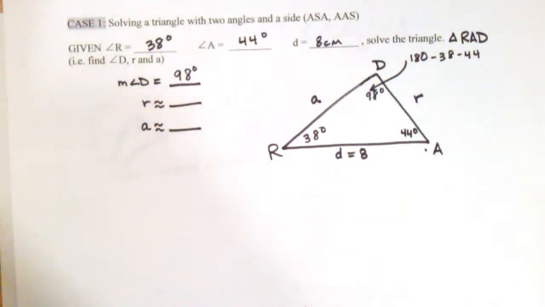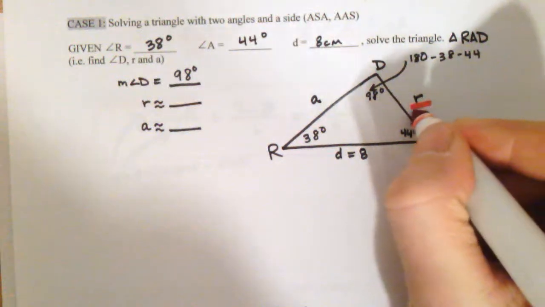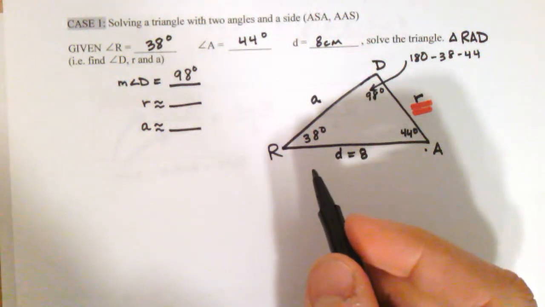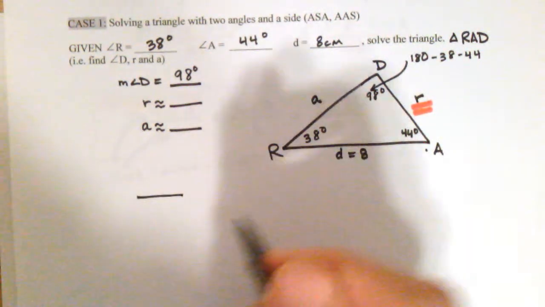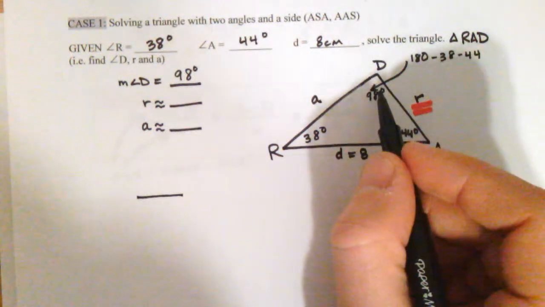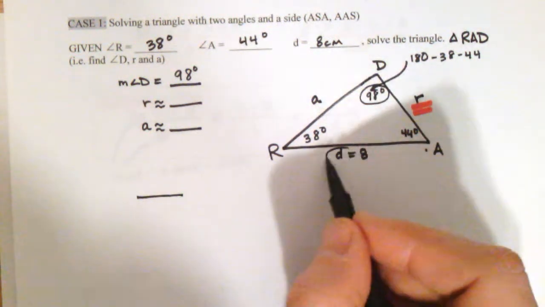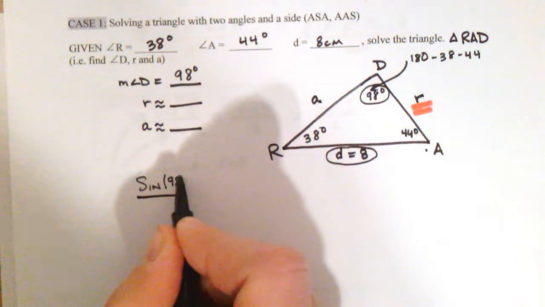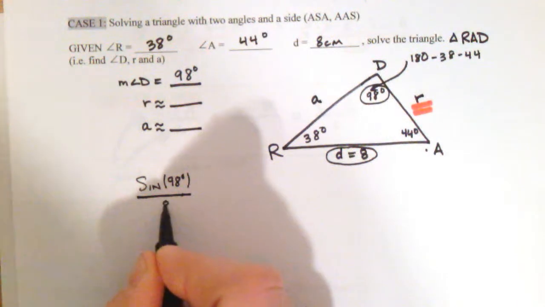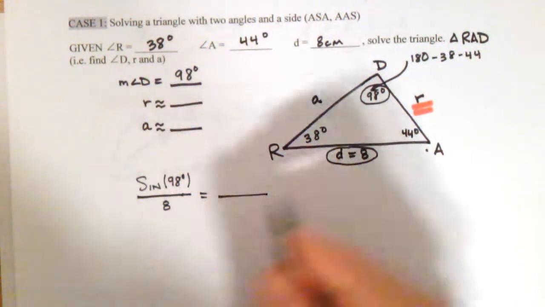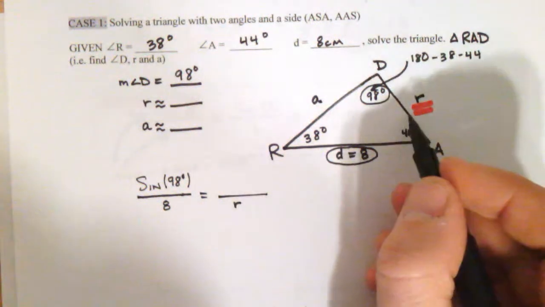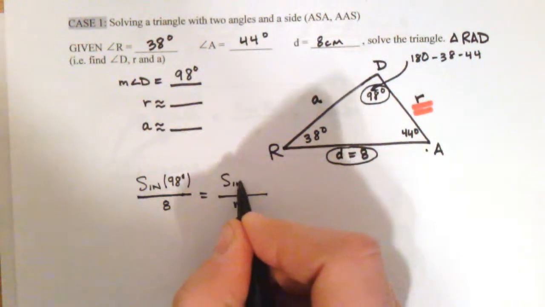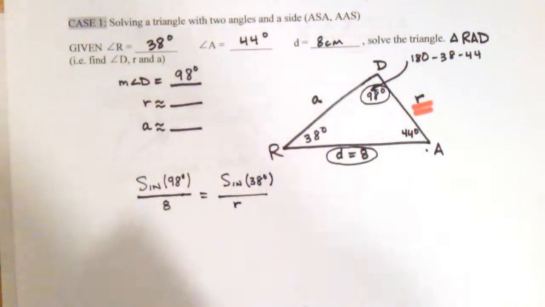Alright, now let's suppose that the next thing that we want to find is side R. Here's where the law of sines is going to become helpful to us. In the law of sines, you start by using your side angle pair. So our side angle pair is here, here. We can say that the sine of angle 98 degrees divided by the side opposite it is equivalent to, we want R, so I'm going to put R in the denominator, and the angle pair that goes with R is 38 degrees.